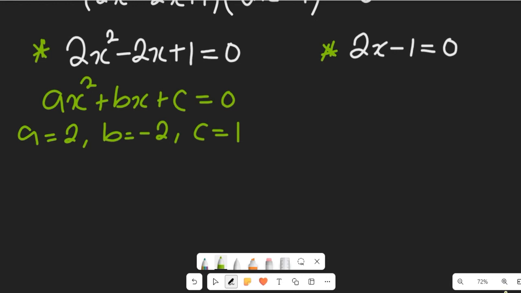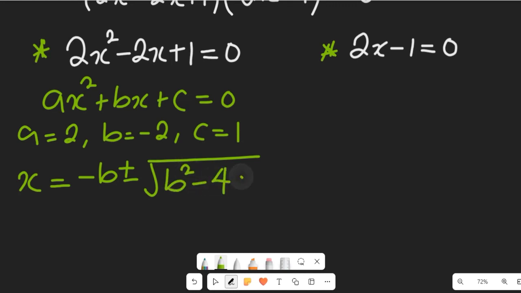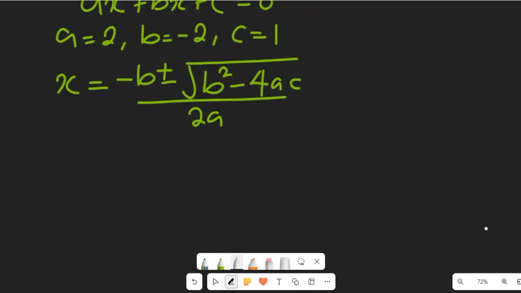If we insert that into the quadratic formula, x will be equal to negative b plus or minus the square root of b squared minus 4ac, all divided by 2a. So let's insert those values of a, b, and c into the quadratic formula. That will give us x equal to negative 2, right?